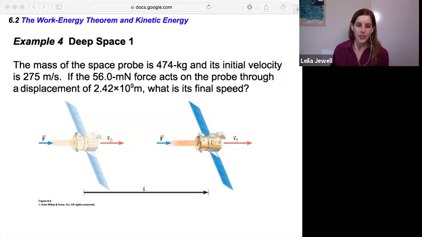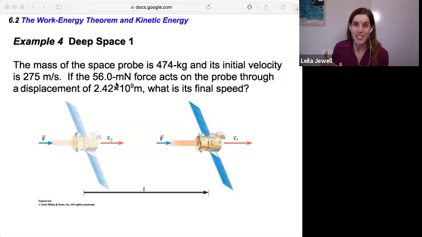Right, so looking at this, just before we even start analyzing it for solving it, 56 millinewton force, that's what the little m in front of the N is standing for, milli, right? That's 10 to the minus 3. This is a tiny amount of force acting on it, because we can think of 1 newton as about the weight of an apple. So this is half of an apple.